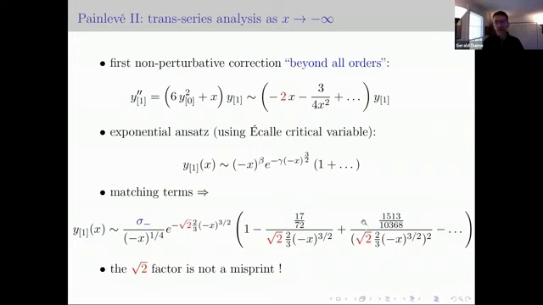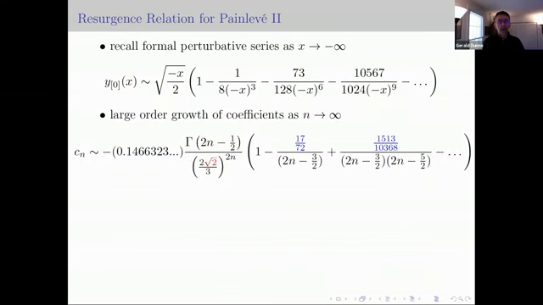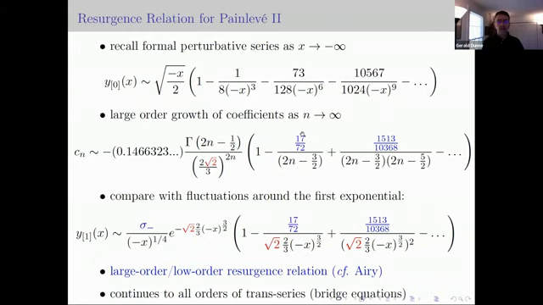And again, I can generate zillions of these coefficients here in a very quick time. And I can look at them, and you will notice that this generic relation between the large order growth, the subleading corrections to the large order growth of the coefficients of the formal perturbative series solution, match the low order coefficients of the expansion around the first exponential term here.